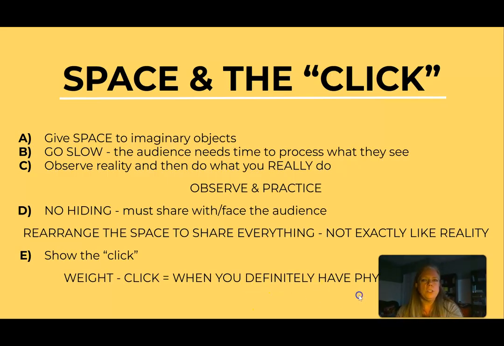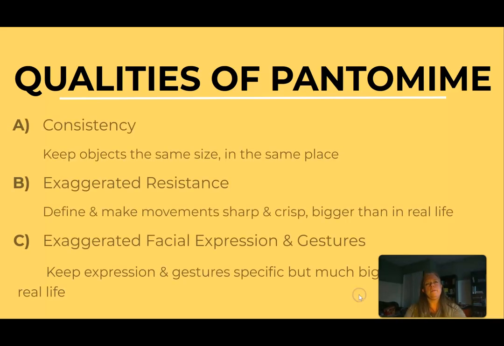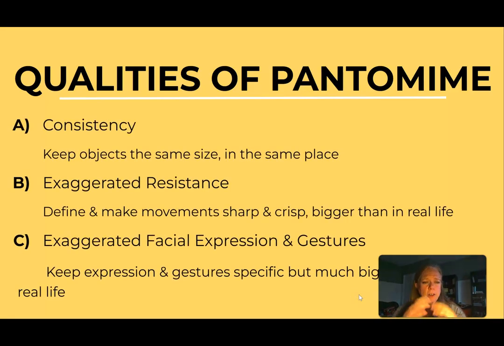All right. Also, when we are taking a look at pantomime, there are things you have to do. Every movement needs to be consistent. Everything needs to be consistent. If my phone is this size once, it can't then morph to this size or change phones entirely and become a handheld top instead of a flat phone.